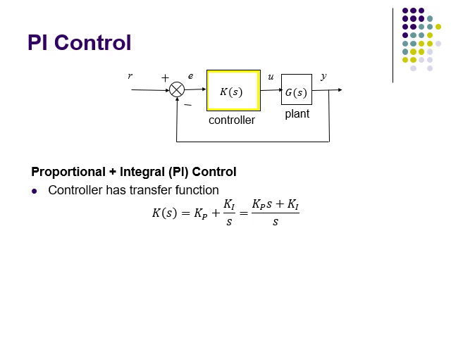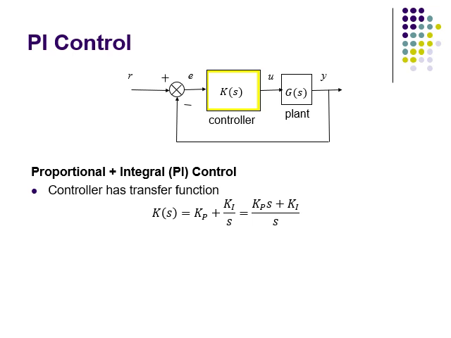So Ki is another controller gain which we can choose the value of as we want, and Ki is called the integral gain. So Kp is the proportional gain, and Ki is the integral gain.